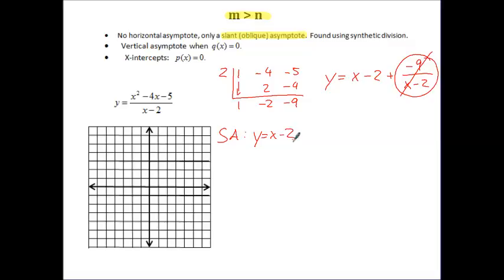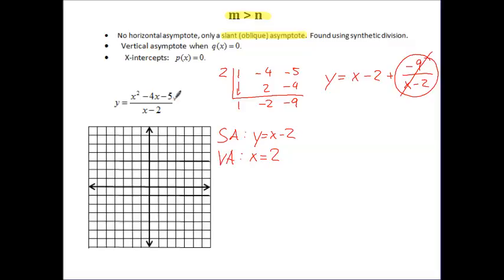We have a vertical asymptote, of course, where a denominator turns to 0, x minus 2. That means the vertical asymptote is at x is equal to 2. And we have an x-intercept where our numerator turns to 0. In order to figure this out, we need to take the numerator and factor it.